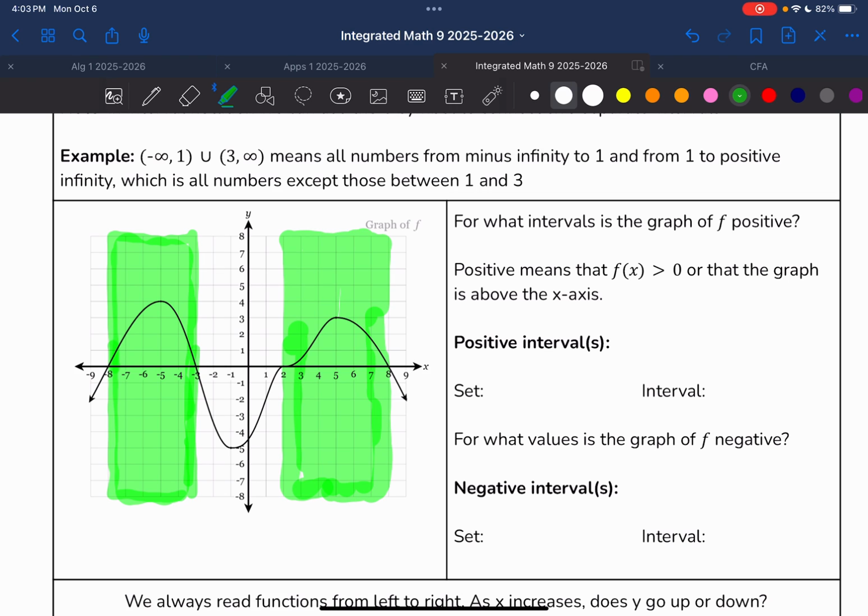And why is that? Well, right here is where the function equals 0. So up here we're positive, and where is the function up here? Well, it's here and it's here. So then how do we write this?